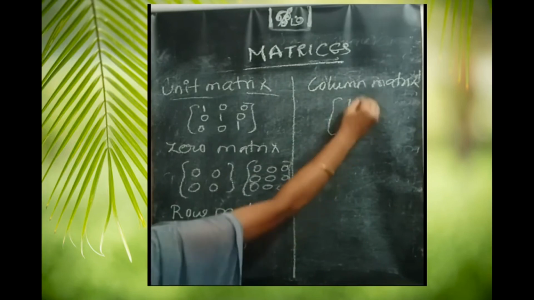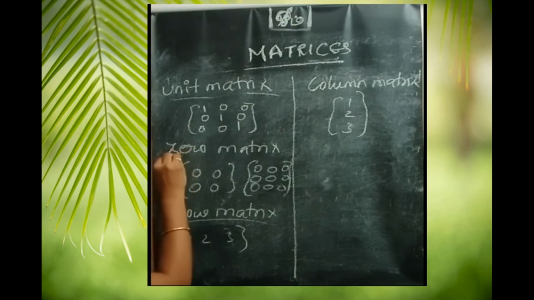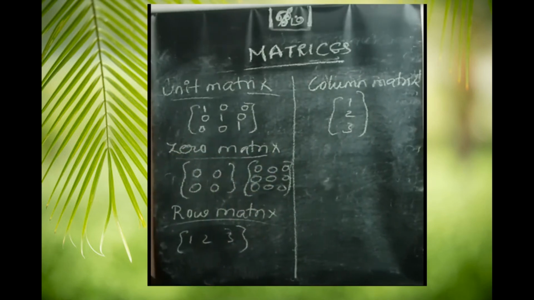And this is a column matrix. Very simple. If it has only one column, then it is said to be a column matrix. If it has only one row, then it is said to be a row matrix. Zero matrix means if all elements are 0. Unit matrix means if the diagonal elements are equal to 1.